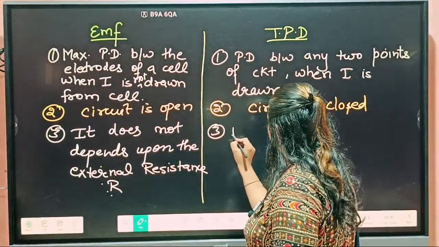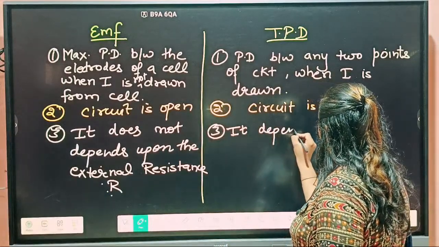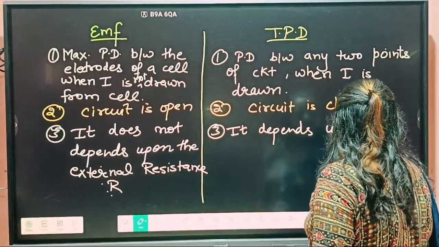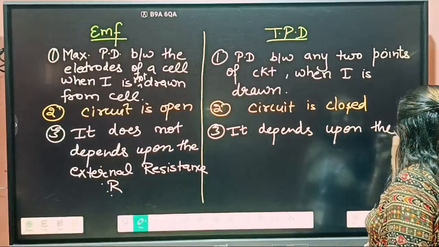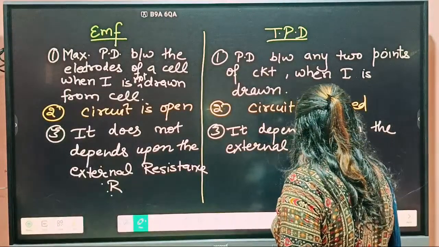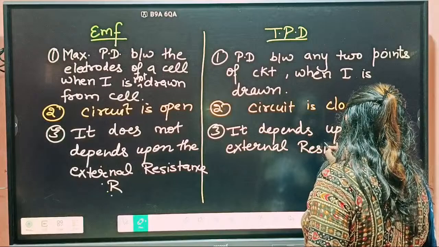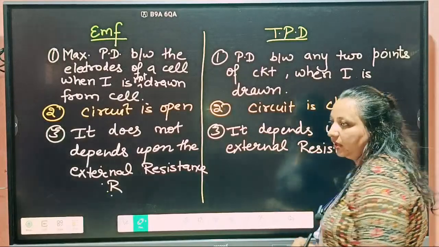So terminal potential difference depends upon the external resistance R, right?